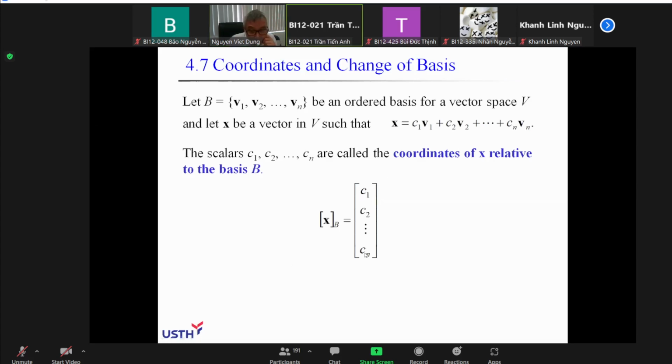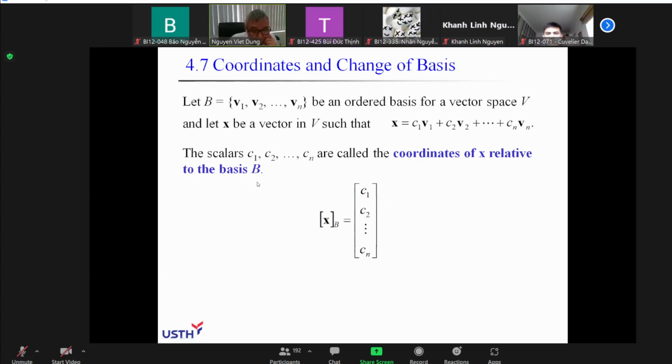We call it the coordinate matrix or coordinate column of x relative to the basis B. And in order to specify that it is the coordinate in the basis B, we put B here as a subscript, saying that it is the coordinate of x in the basis B.